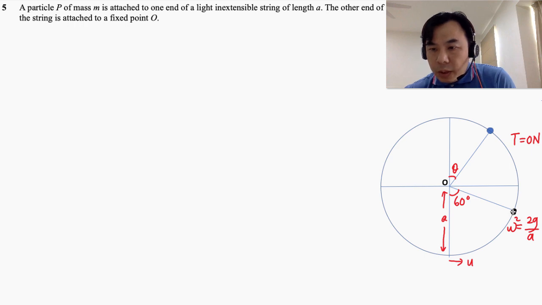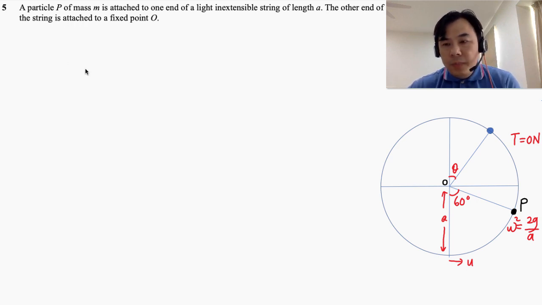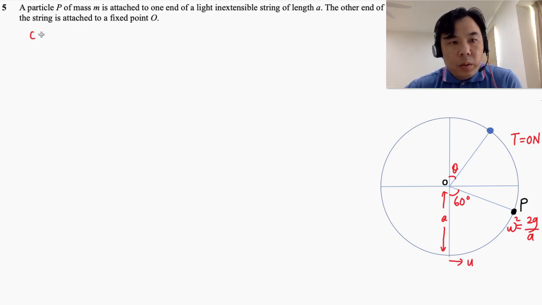So when the object is somewhere here, at position P, we're going to consider motion at position P. Now, as I mentioned before, when you handle vertical circular motion, it's best to use conservation of energy.